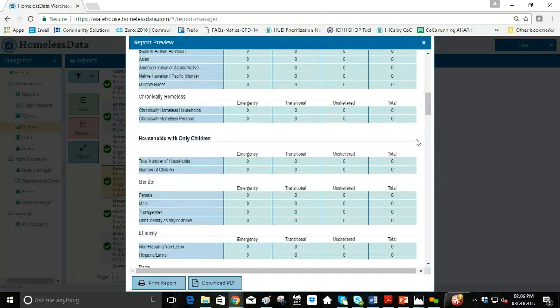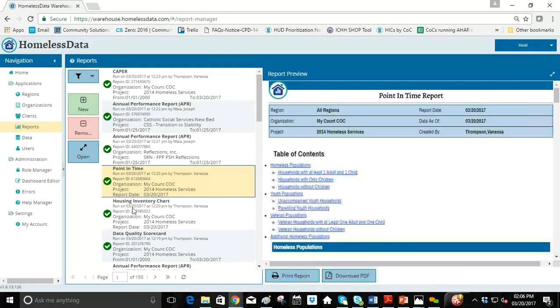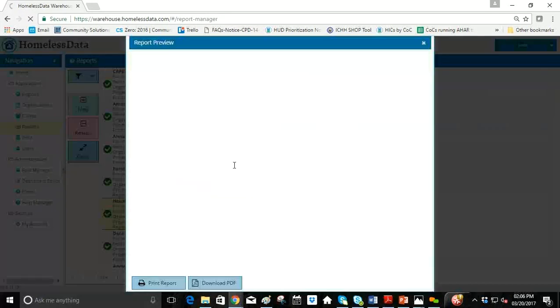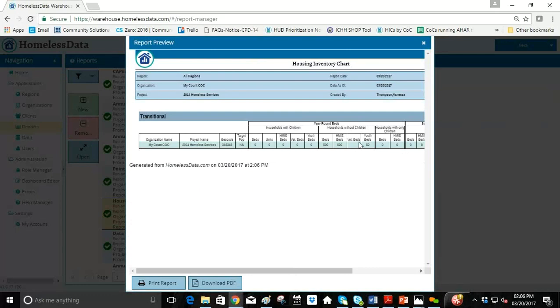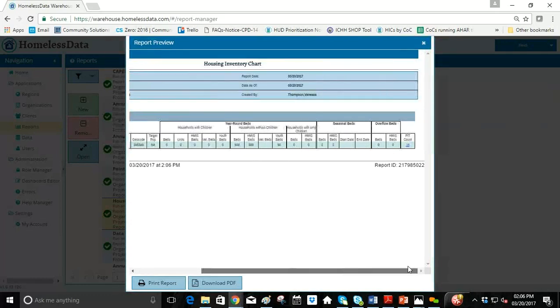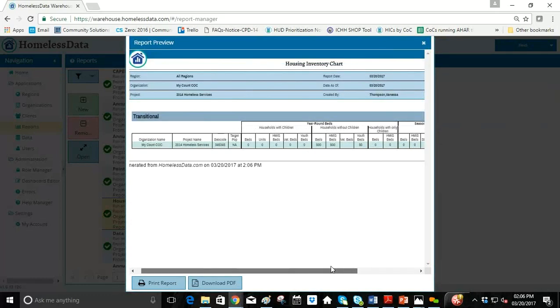So that's the point-in-time report, and the housing inventory chart looks similar. So the HICs, the housing inventory charts, can be completed if you're using HMIS for all of the project descriptor elements. You can generate your HIC with one click.